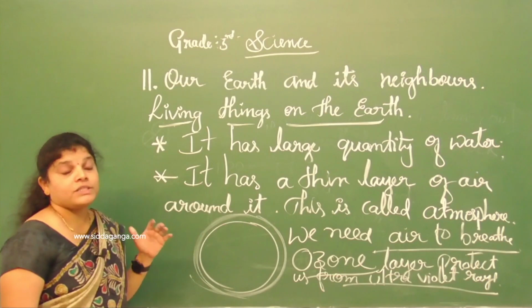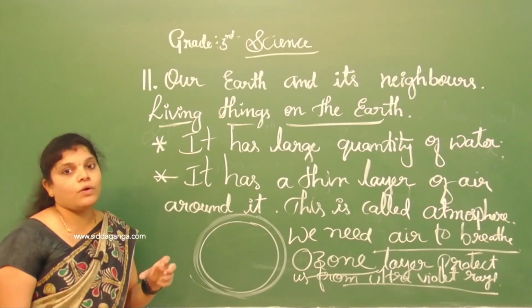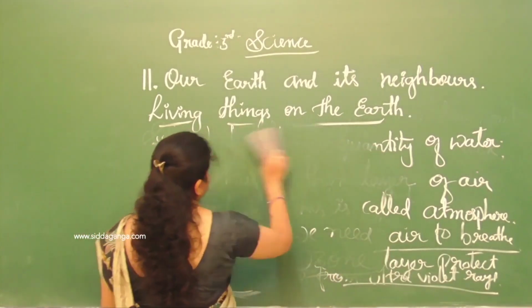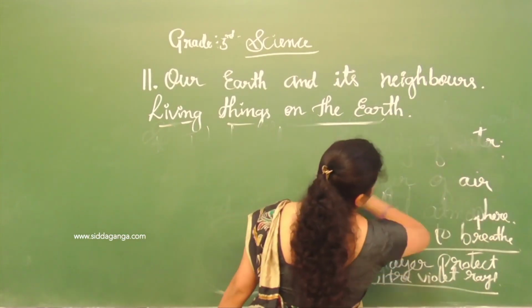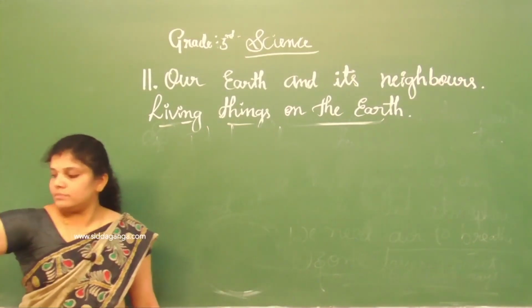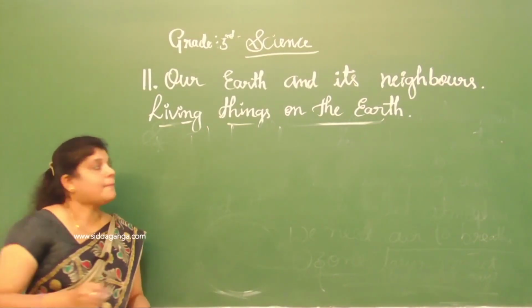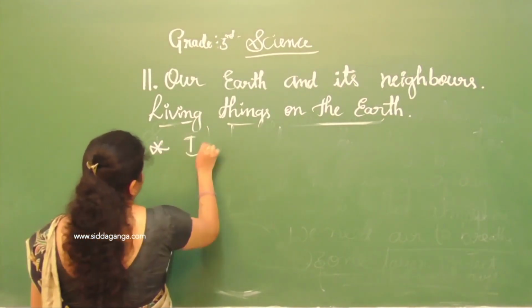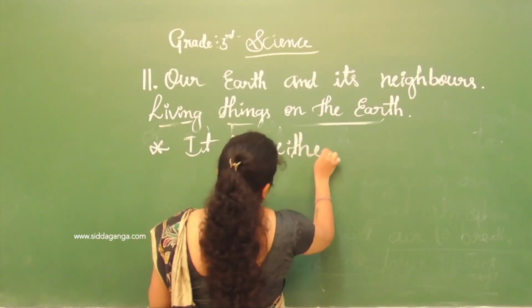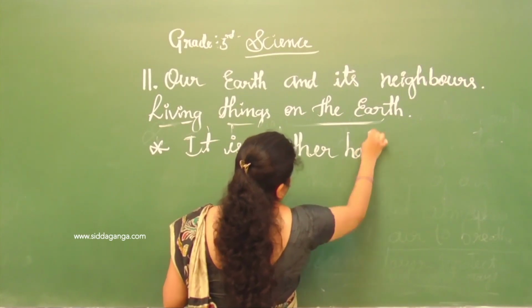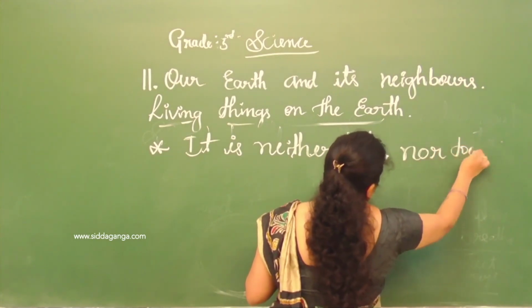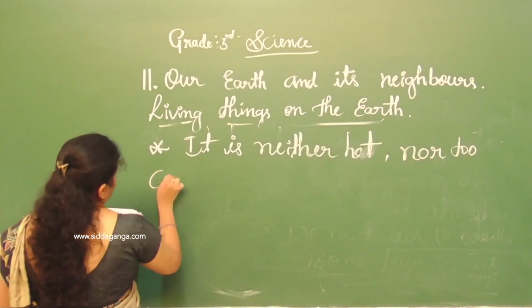Okay, next point. So the next reason why life exists only on the earth. Okay, see, the third reason is that it is neither too hot nor too cold.